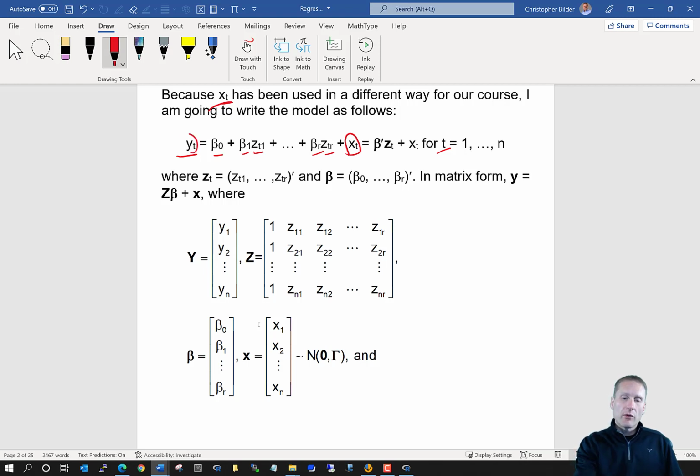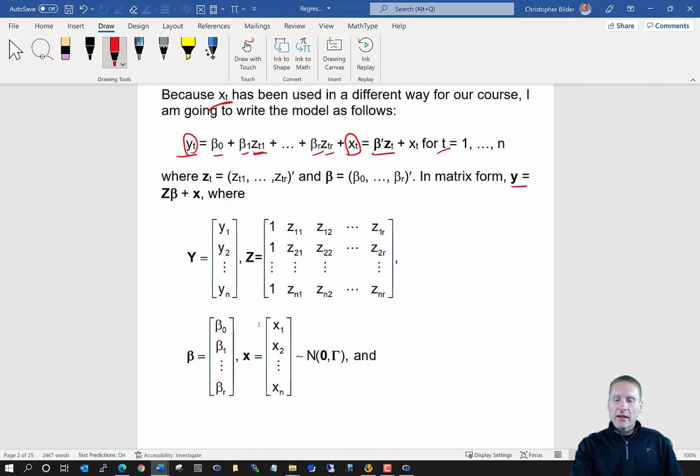So y sub 1 would be the response variable observed at time 1. Z sub t1 would be an explanatory variable, the first explanatory variable that's observed at time 1 as well. So z sub 1, I should have said that. We can put everything into a nice vector form. So we have beta prime times z sub t plus x sub t.